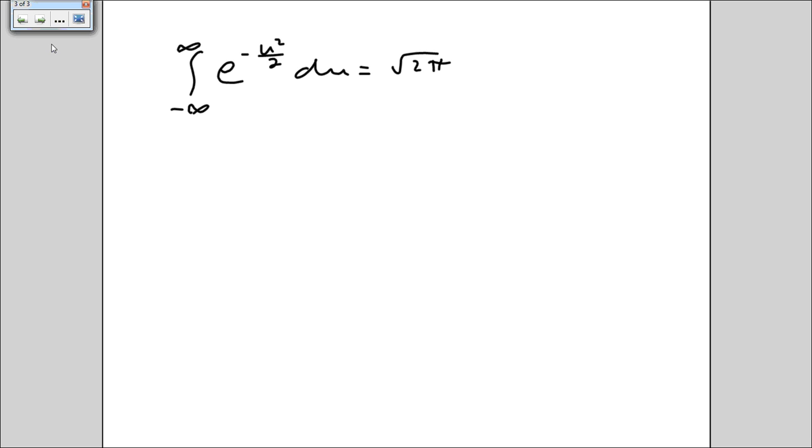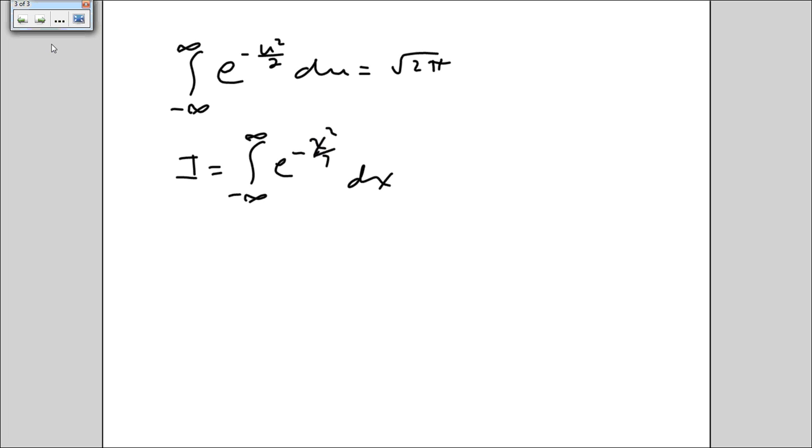I'm going to let I equal this integral, negative infinity to infinity of e to the negative, well, I'm going to change my letters. It's alphabet soup. I'm going to replace u with x.